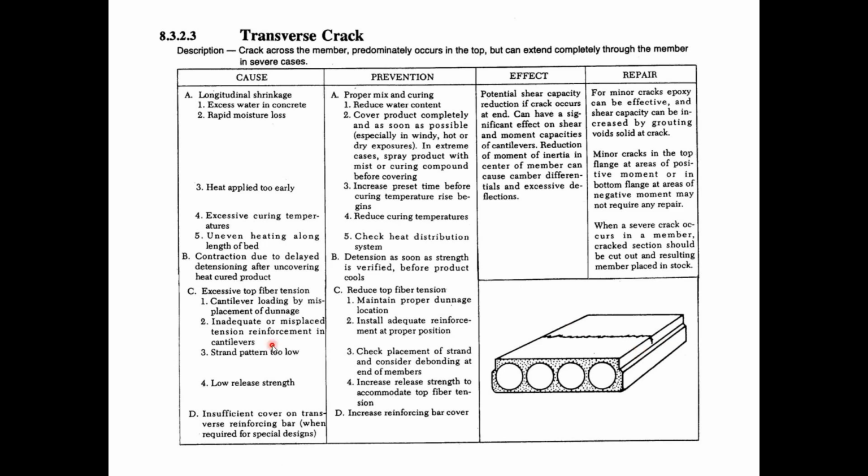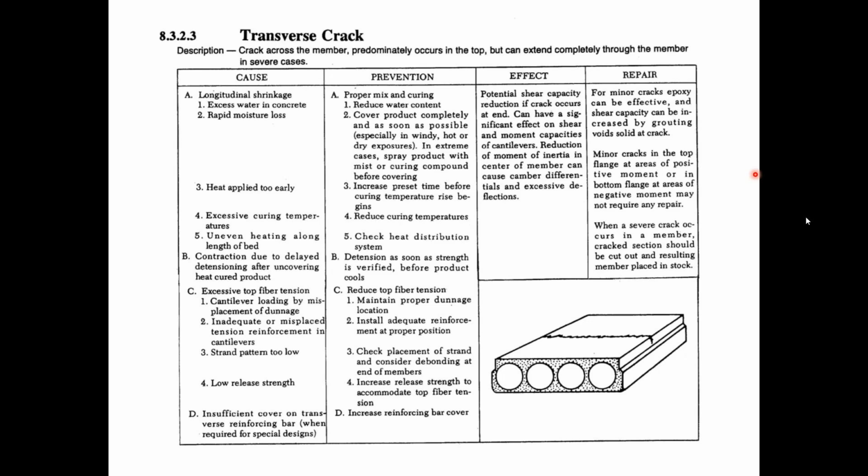The way these are formatted is it'll give you the cause, and in some cases it gives you multiple possible causes and the corresponding prevention of that cause, and then the effect of the crack and potential repair procedures. So just to look at some of these, this one says that this could be caused by longitudinal shrinkage.